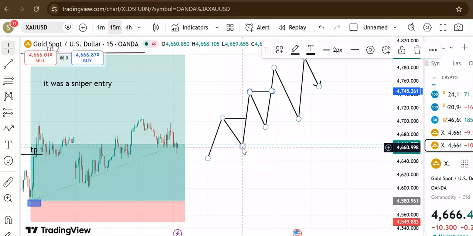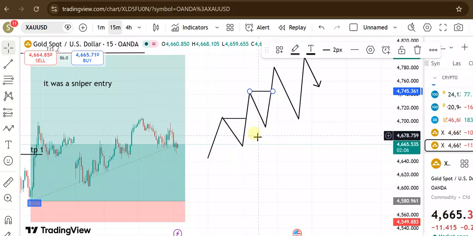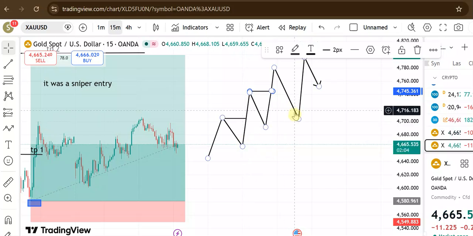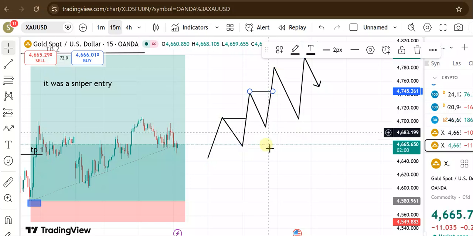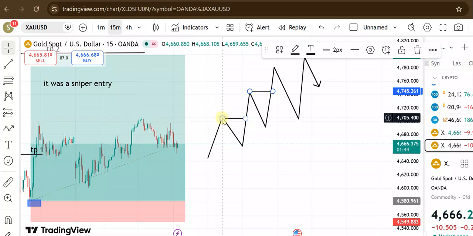the lower levels are higher than the last lower level. So this level here is higher than this. This one is higher than this. And the higher levels are higher than the previous highs. Do you understand what I'm saying? Example: this high is higher than this.